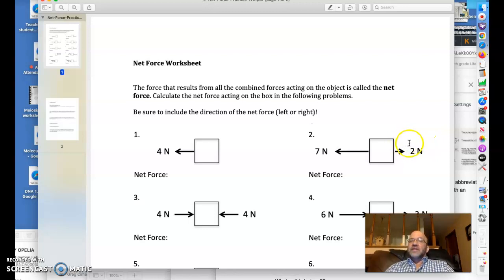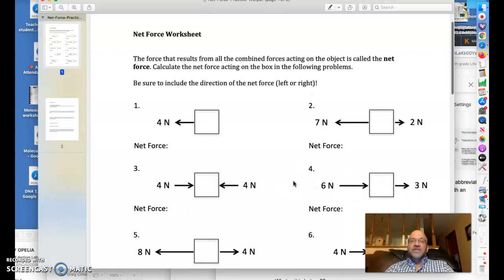So they're invisible and they're pushing this box this way, and someone else is pushing the box this way. But they can't push as hard. So where is the box going to move? Well, it's going to move to the left. But there is a force that's pushing this way. So we subtract. So 7N minus 2N, the net force would be 5N to the left. So you would write 5N to the left.